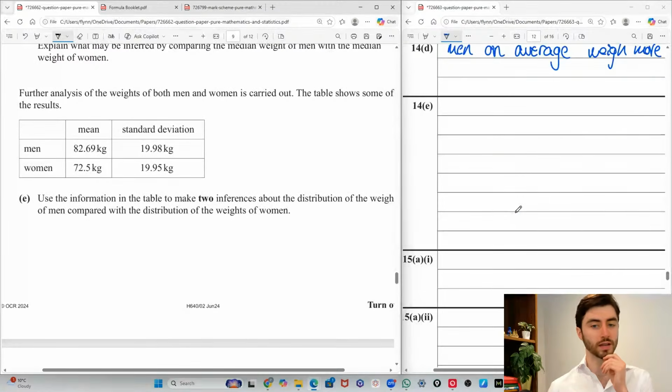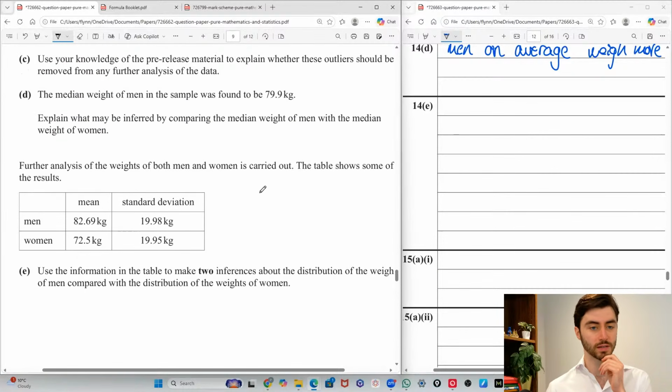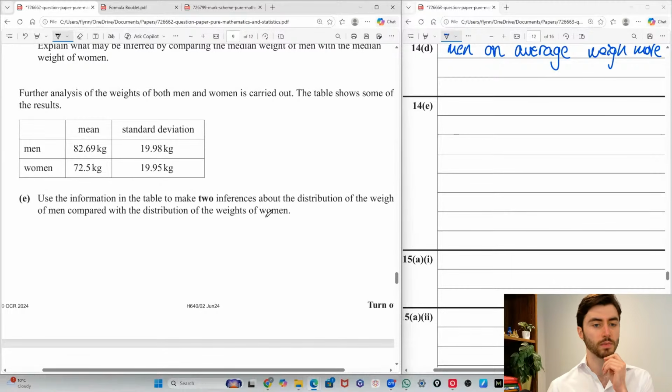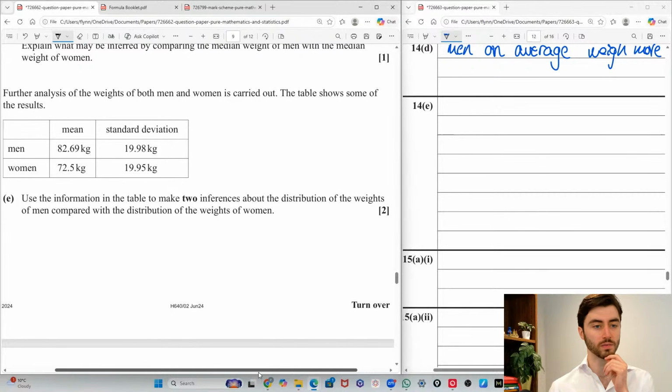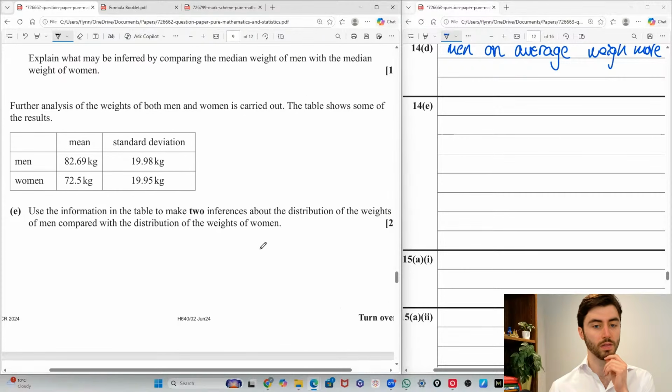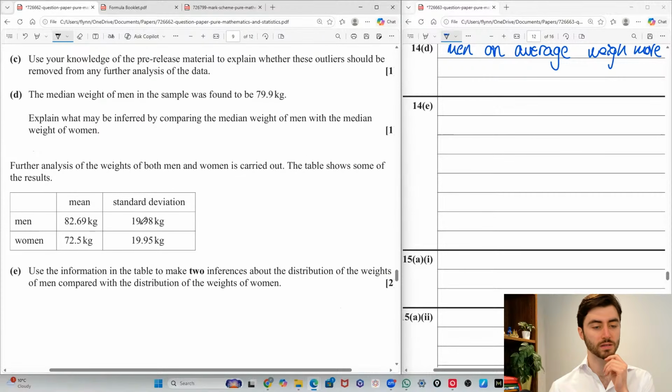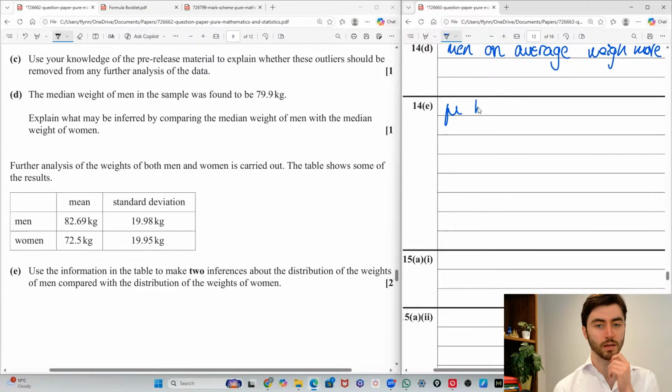Oh, there's another one. Okay, so further analysis is carried out. The table shows some results. Make 2 inferences about the distribution of the weight of men compared with the weights of women. Okay, so this time it's mean and standard deviation. I would say standard deviations are very similar. Hold on. So I'm going to say that the mean is bigger for men.